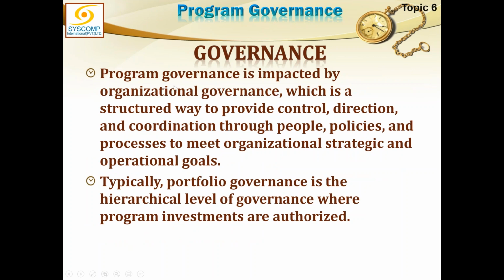Program governance is impacted by organizational governance, which is a structured way to provide control, direction, and coordination through people, policies, and processes to meet organizational, strategic, and operational goals. So organizational governance is supreme, and this is the largest umbrella within the organization.